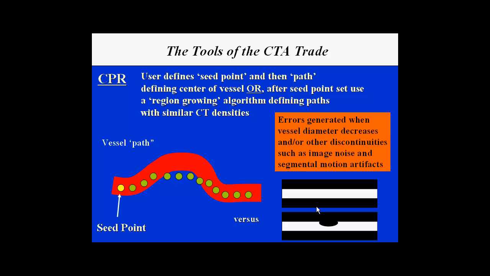Now, one is able to go in and fix this by doing some post-processing, but errors generated when vessel diameter decreases and or other discontinuities occur can result in a variety of segmental problems with interpretation.